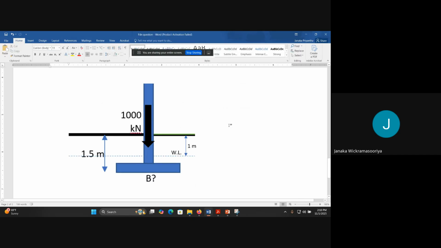Do it again for this one. Factor of safety is 3, and other values are same.